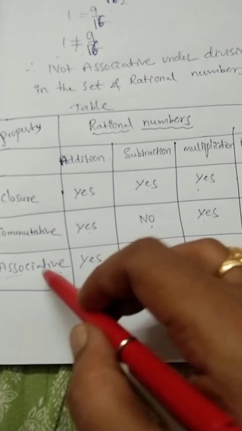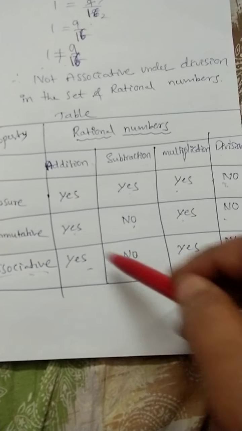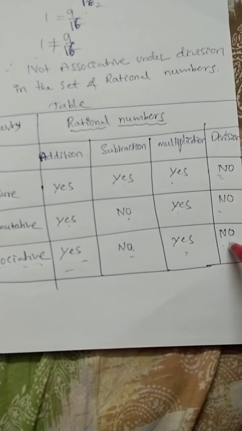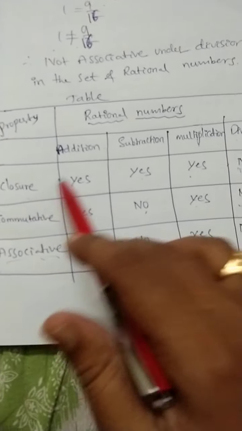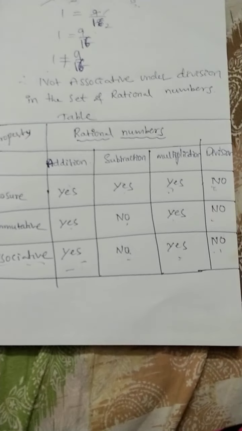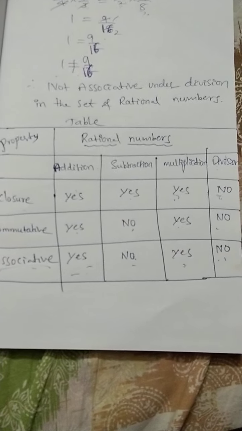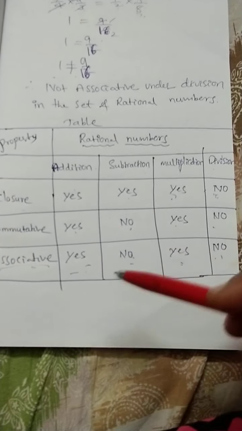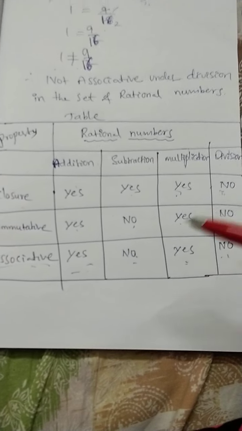So commutative property and associative property are the same. Addition and multiplication are satisfying, subtraction and division not satisfying, but for closure only the first 3 operations are satisfied, division not satisfied. Like this, in a simple manner. Why it is not satisfied, you should take an example and show that.